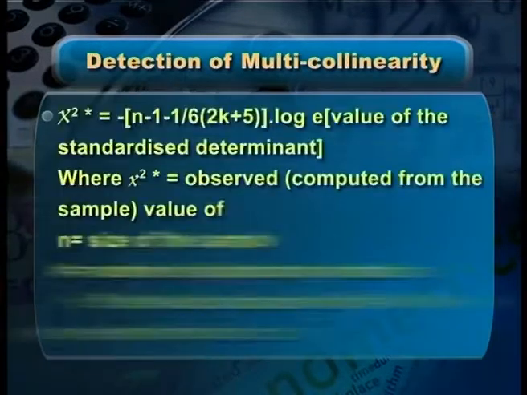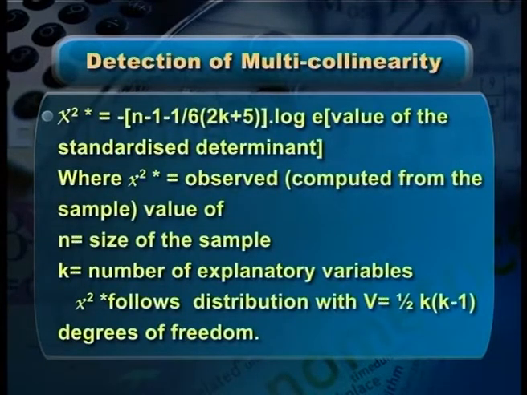For this, the chi-square statistic is chi-square star equals minus [n minus 1 minus 1/6 (2k plus 5)] into log e of the value of the standardized determinant, where chi-square star is an observed value, n is the size of the sample, k is the number of explanatory variables.